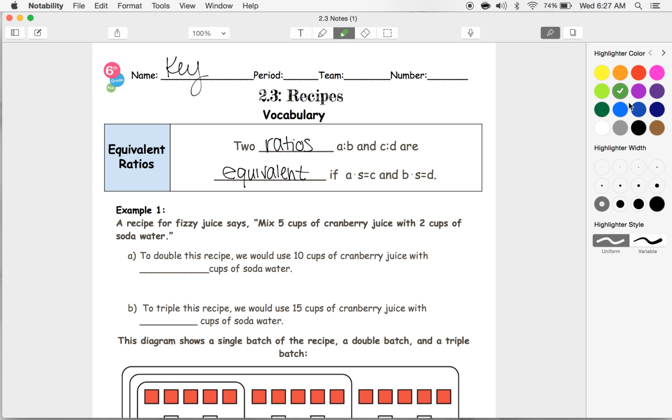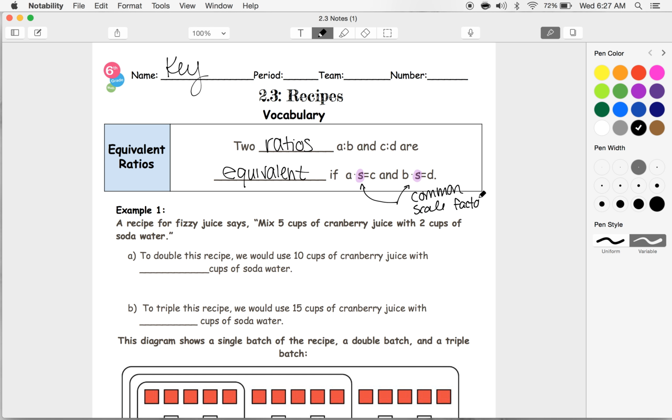What makes them equivalent is this idea of S right here. You need to find some common scale factor that you're going to multiply each of them by to change that number. And if that scale factor can be the same in both situations, then you know those two ratios are going to be equivalent. And again, equivalent is just a fancy way of saying equal.